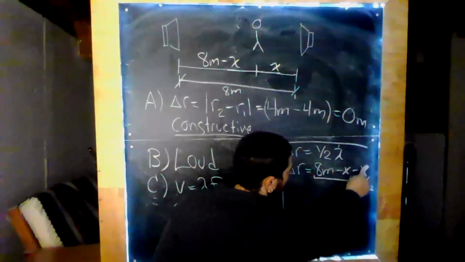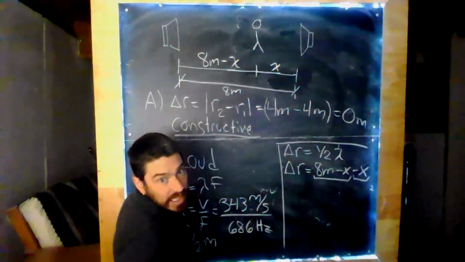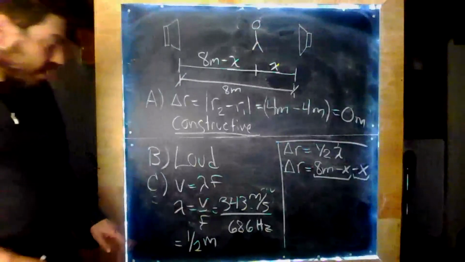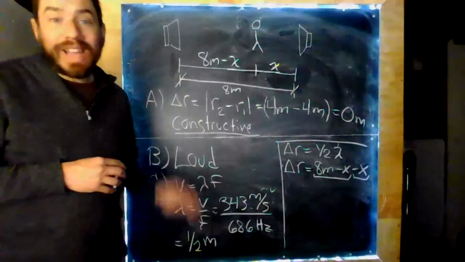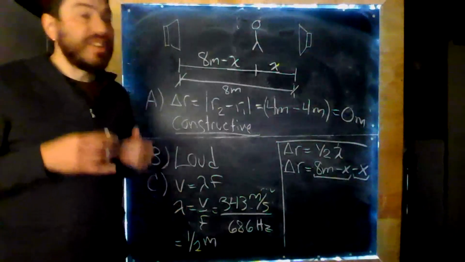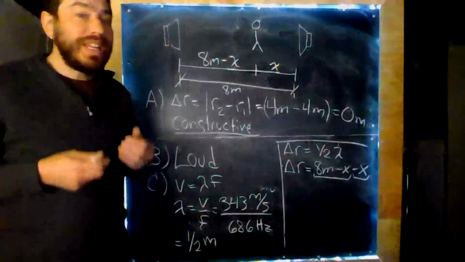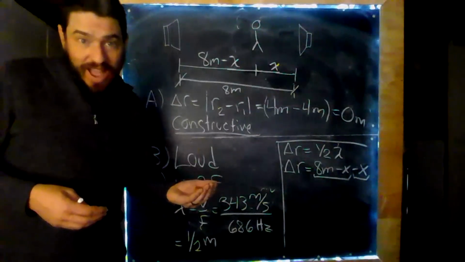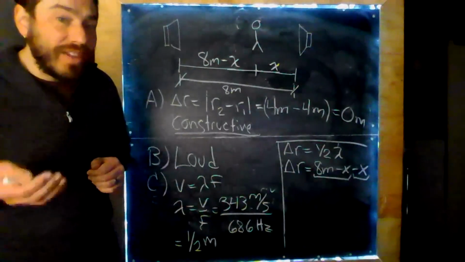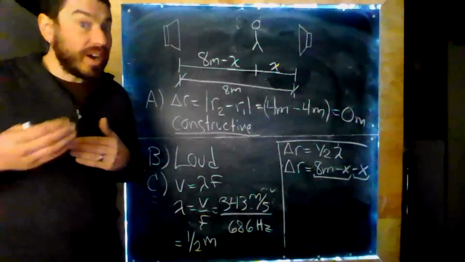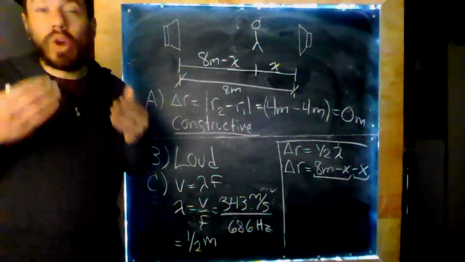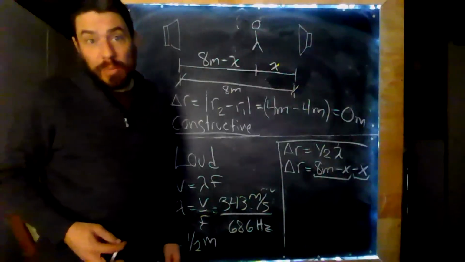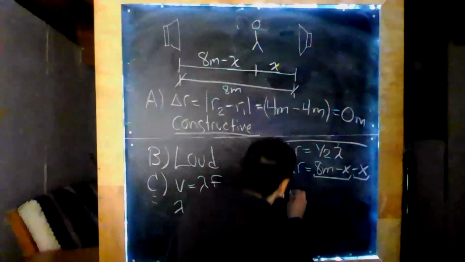Okay, so let's just plug in what our delta r is. Now, recall that we found the wavelength was 1/2 of a meter. In order to have destructive interference, we need to have 1/2 of a wavelength. The wavelength is 1/2 of a meter. 1/2 of a wavelength, then, is 1/2 of 1/2 of a meter, or 1/4 of a meter. 0.25 meters is our path length difference.